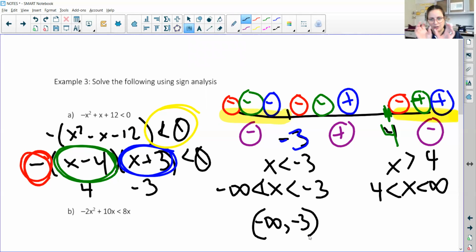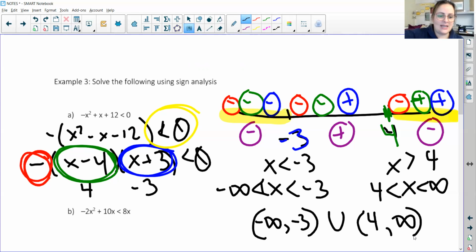To include it with that other component, we say or with a mathematical symbol which looks very similar to a U. So it has to be below -3, or it has to be above +4. Again, a circular bracket because it can't be equal to 4, comma, positive infinity, and another circular bracket.